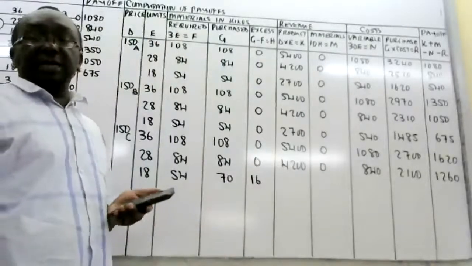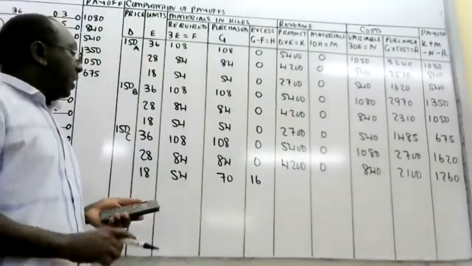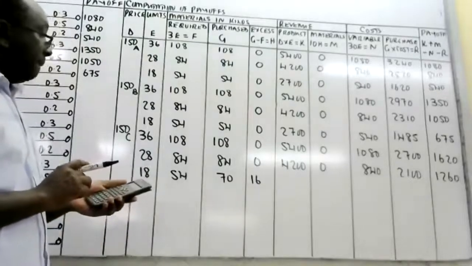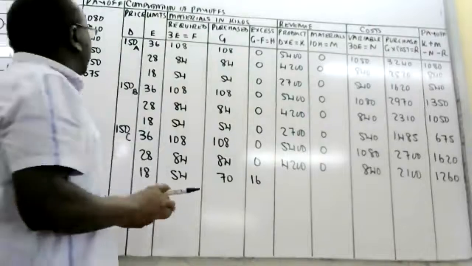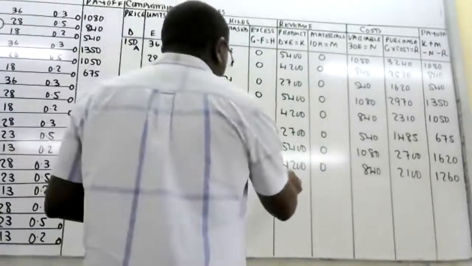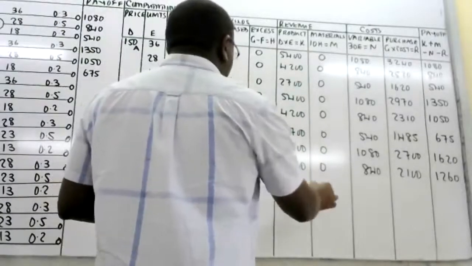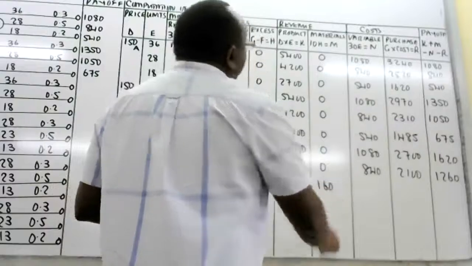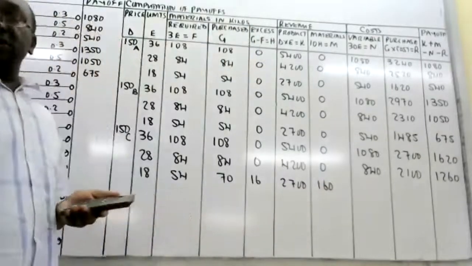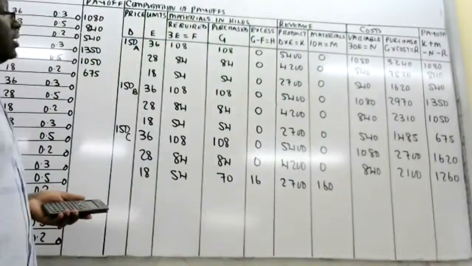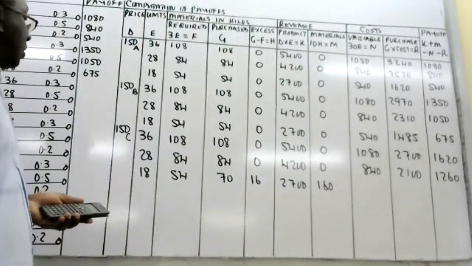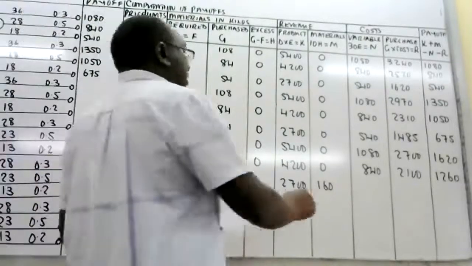The next is revenue. Revenue is still 2,700 here. And now here we have 160. The revenue of 160 is coming in. The next is variable cost. Variable cost still remains 540.